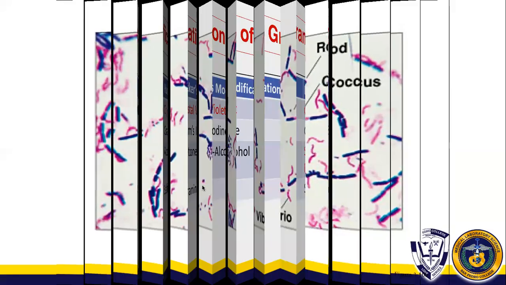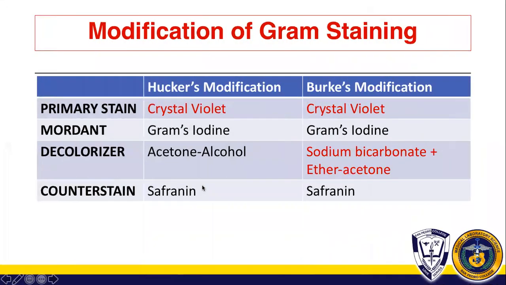Now, gram staining has undergone modifications over time. Initially, what Hans Christian Gram used was methyl violet as the primary stain, acetone as the decolorizer, and dilute carbolfuchsin as the counterstain. There were two identified modifications.